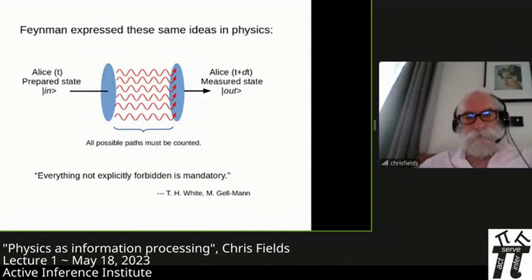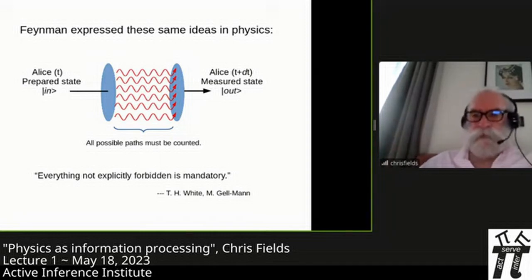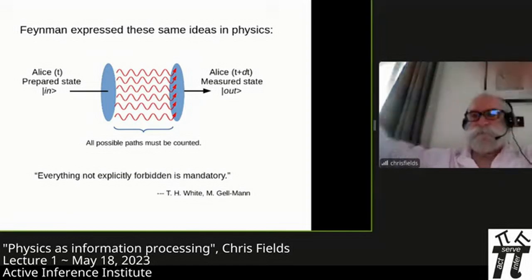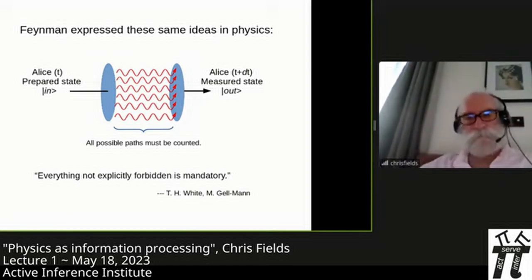And basically what Feynman realized was that in any physical process, the observer, Alice, prepares some state that she's interested in. She prepares some input to an experiment. Then she lets something happen, and then she sees what the result of the experiment is. And the canonical experiment in physics is scattering. You fire two protons at each other and they intersect someplace and stuff comes out, and you measure the stuff that comes out.